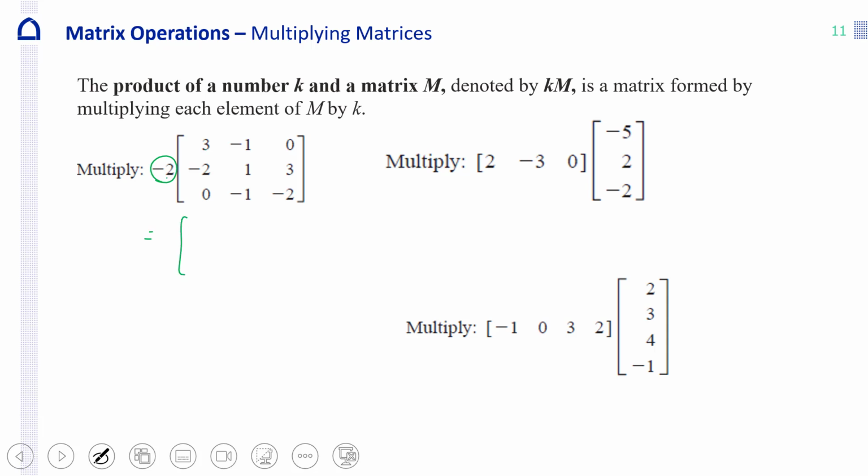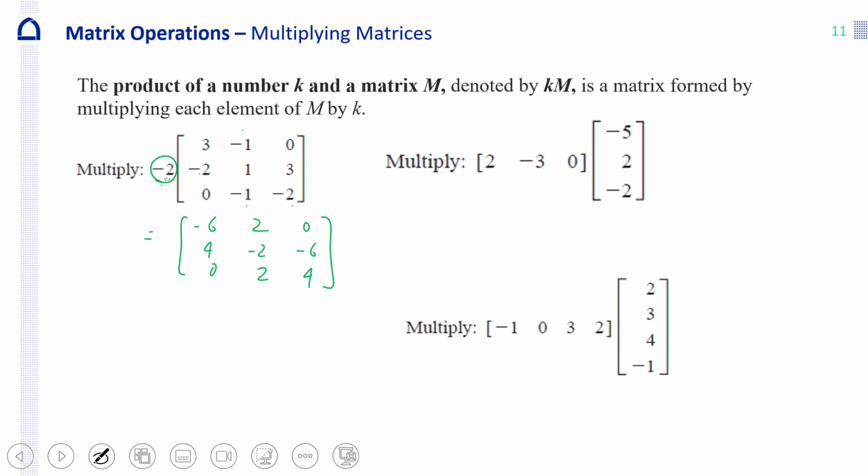So minus 2 by 3 is minus 6, minus 2 by minus 1 is 2, minus 2 by 0 is 0, minus 2 by minus 2 is 4, minus 2 by 1 is minus 2, minus 2 by 3 is minus 6, minus 2 by 0 is 0, minus 2 by minus 1 is 2, minus 2 by minus 2 is 4. This is how to multiply by a scalar, only one number outside.